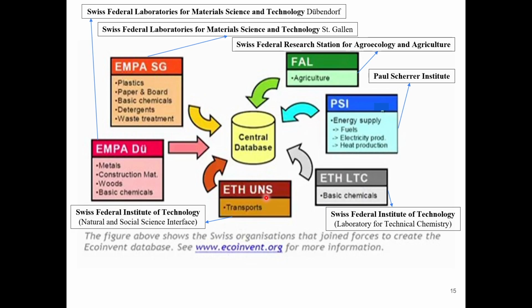The ETH UNS provided databases related to transports. The EMPA DU, located in Dubendorf, provided databases related to metals, construction materials, woods, and basic chemicals. And EMPA SG provided databases related to plastics, paper and board, basic chemicals, detergents, waste treatment, etc.